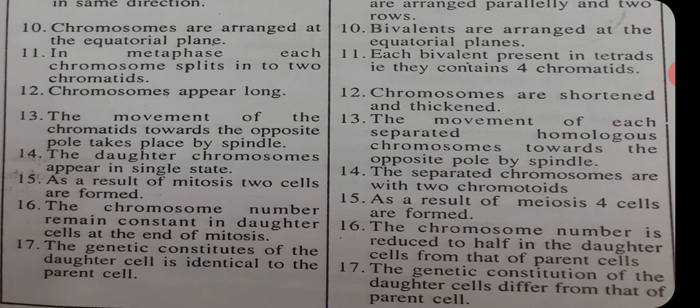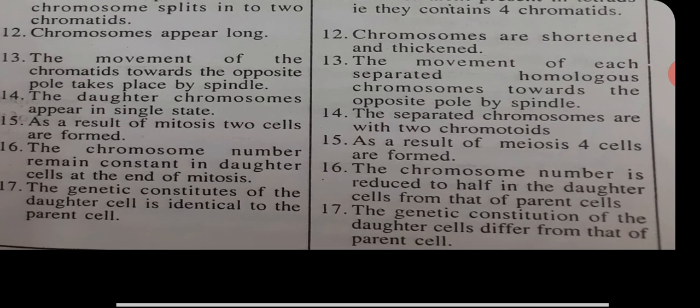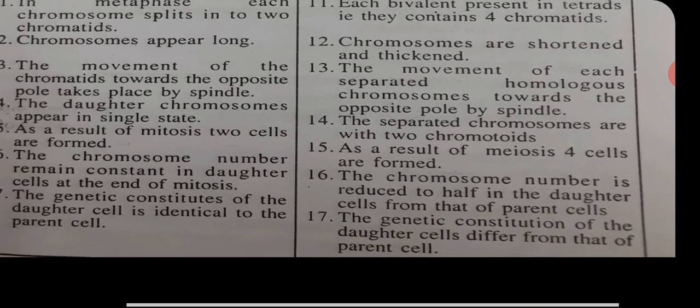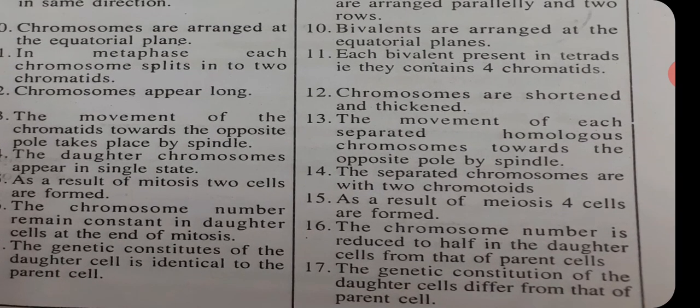And one more most important difference is that the genetic constitution of the daughter cells is identical to that of the parent cell in mitosis. But in meiosis, the genetic constitution of the daughter cells differs from that of the parent cell, and moreover differs among the daughter cells also.